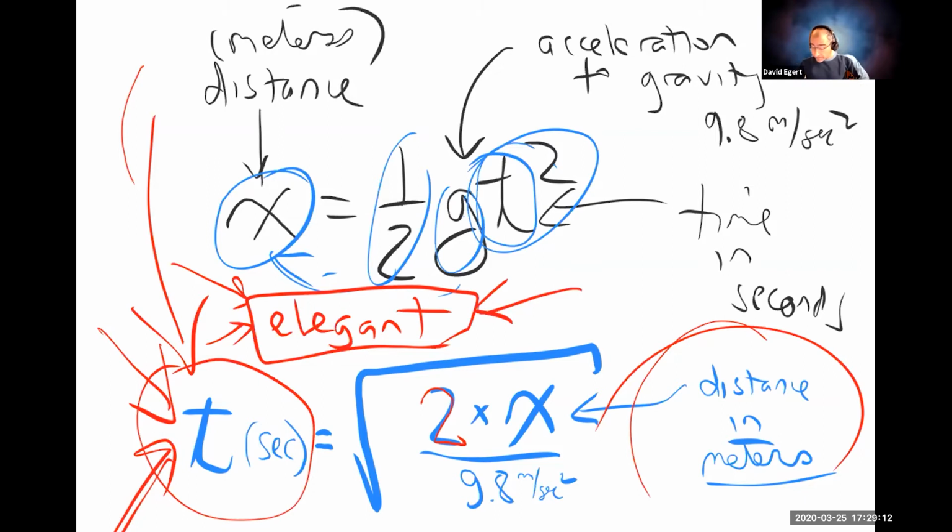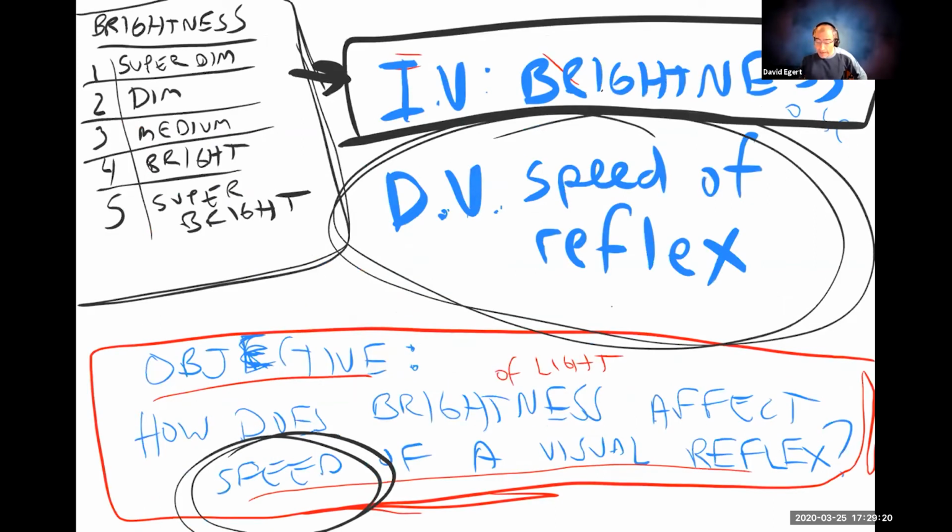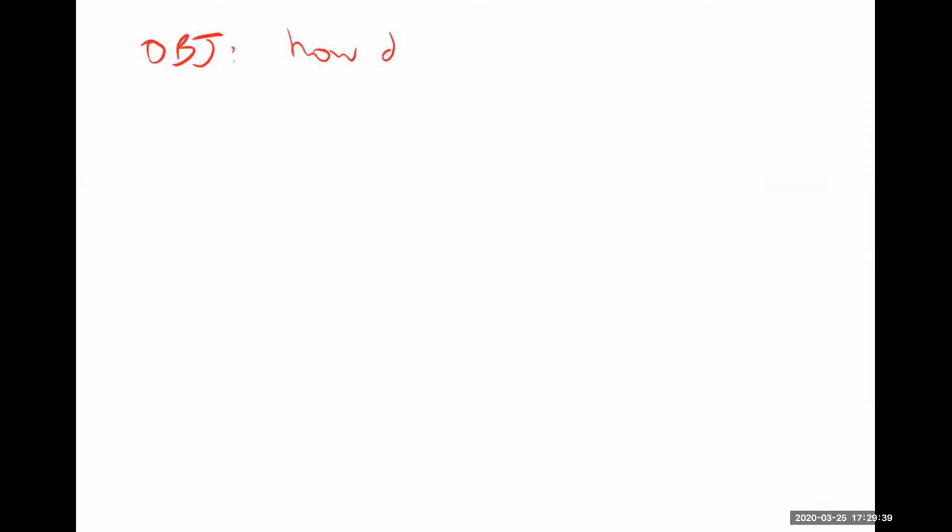Okay, so next, all right, so back to here, we had our objective. How does the brightness affect the speed of a visual reflex? So what's the second part we usually do after we come up with the objective? A hypothesis?